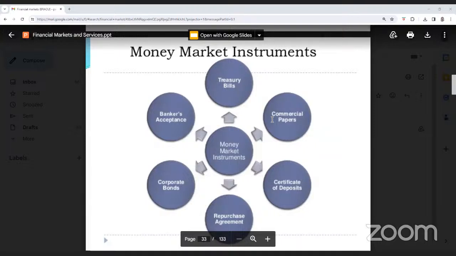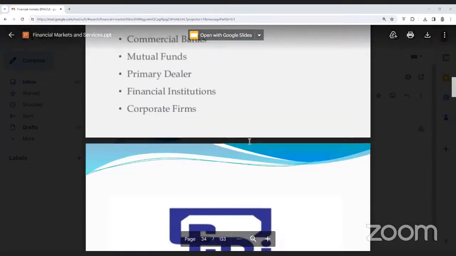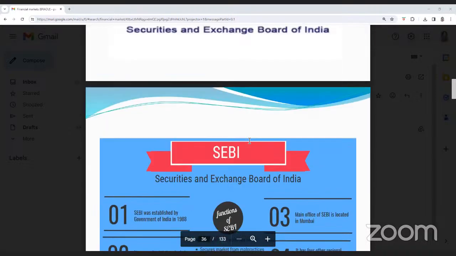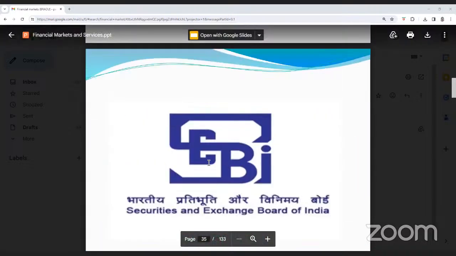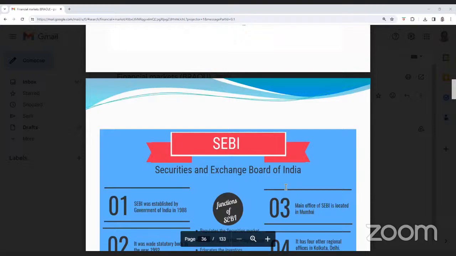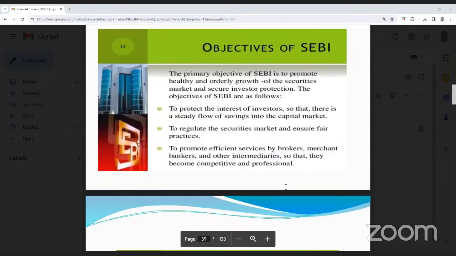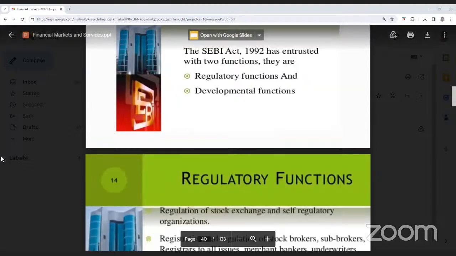That is treasury bill, commercial paper, certificate of deposit, repurchase agreement, corporate bonds, and bankers. We are going to cover players of money market. What is SEBI? Securities and Exchange Board of India. Okay. Any more?